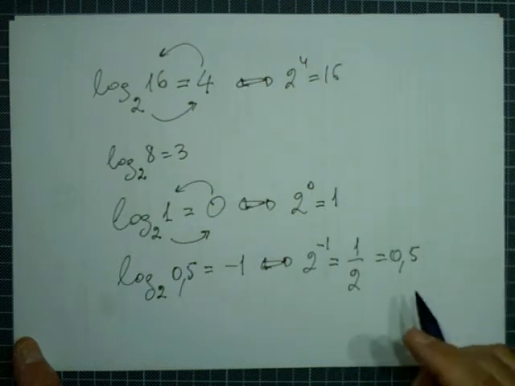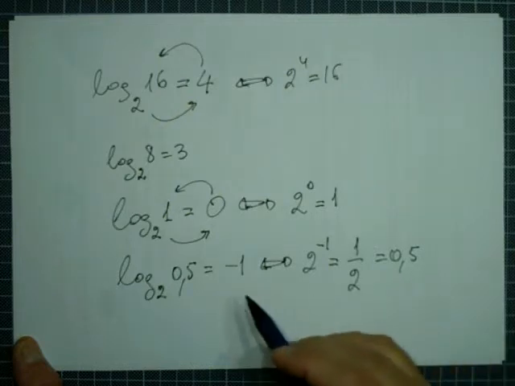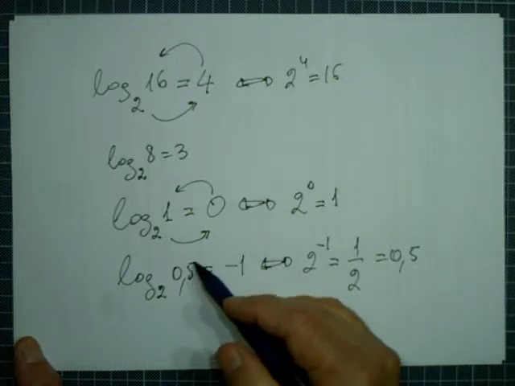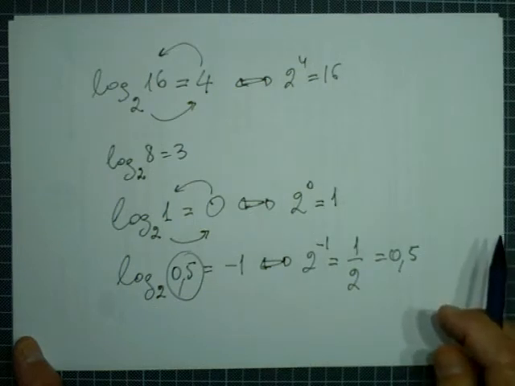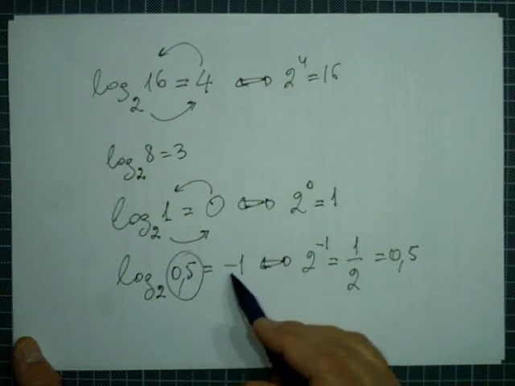As we can see, in this case, the result is negative. This happens every time if this number here is less than 1, but always greater than 0. This gives a negative result.